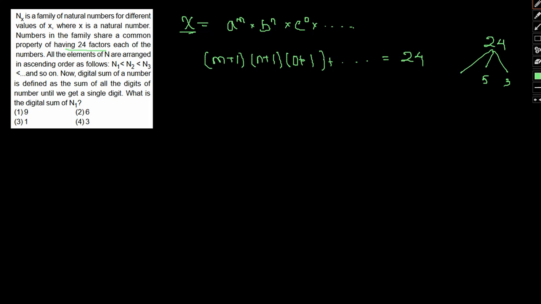The minimum number that I can think of is 2 to the power 5, if I take the 5 case in general, into 3 cube. I take the next smallest, and we need different numbers in general, so 3 cube is 27, and that comes out to be 864. So 864 will have 24 factors, but can we attain something lesser than that?